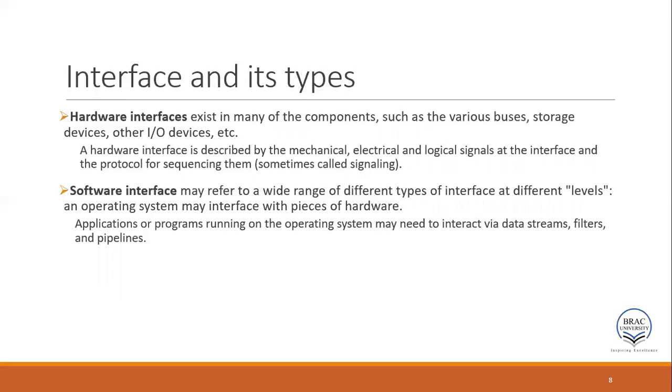And then when we sign in, we can use different applications or software like Google Chrome, Music Player, PowerPoint, etc. All these applications or programs running on the operating system may need to interact via data streams, filters, and pipelines. So there exists exchange of information between software or at application level. So these are software interfaces.